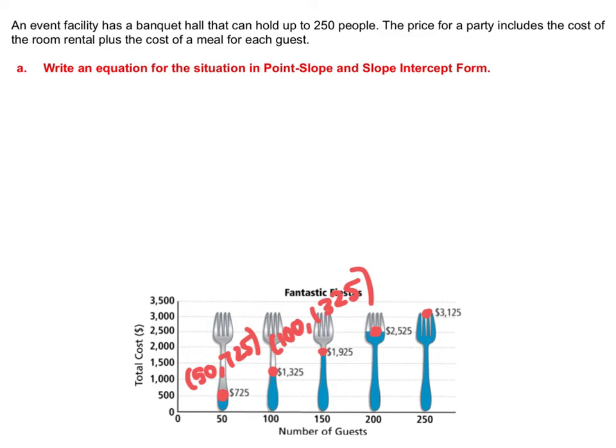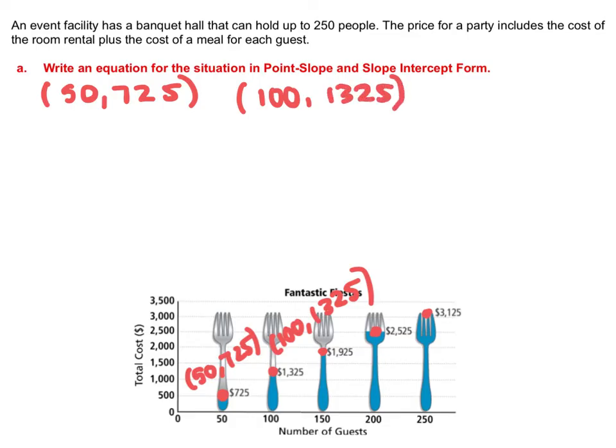So my 2 ordered pairs are 50, 725, and 100, 1325.